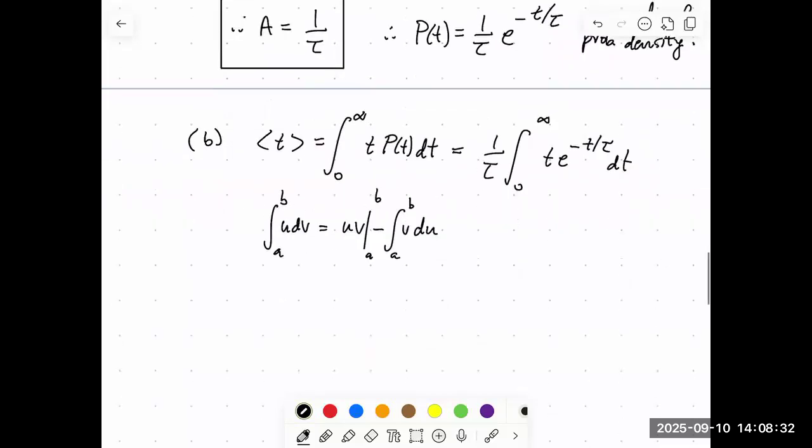All right. So what we're going to do is take for u, t, and all the rest of this stuff will be our dv. So we'll set u equal to t. So that means du is equal to dt. We'll set dv equal to e to the minus t over tau times dt. And then we integrate. We've already done that integral. It gave us a minus tau factor, e to the minus t over tau.